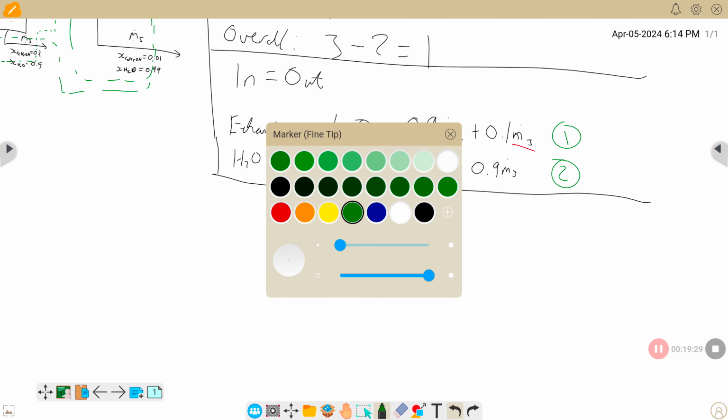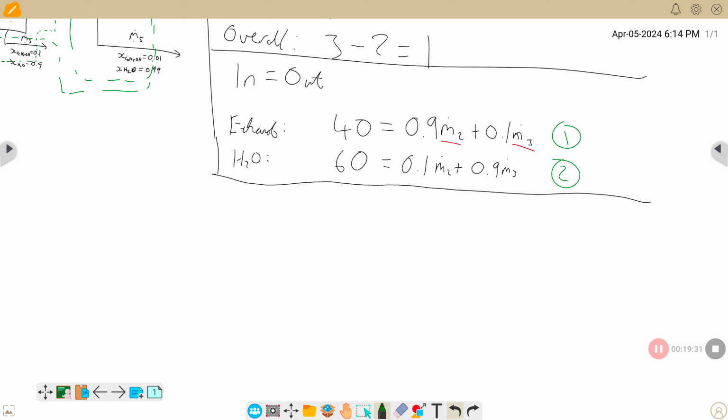So what I'm going to do is multiply this second equation by 9. The reason I'm going to multiply it by 9 is so that this 0.1 M2 becomes 0.9 M2, which is obviously equal to this 0.9 M2 in this first equation here.